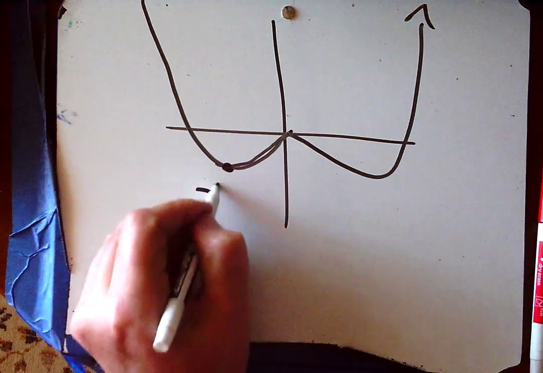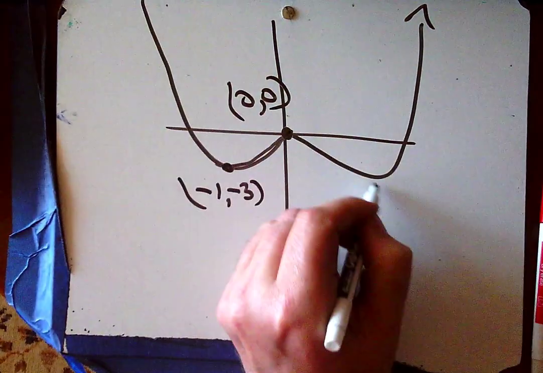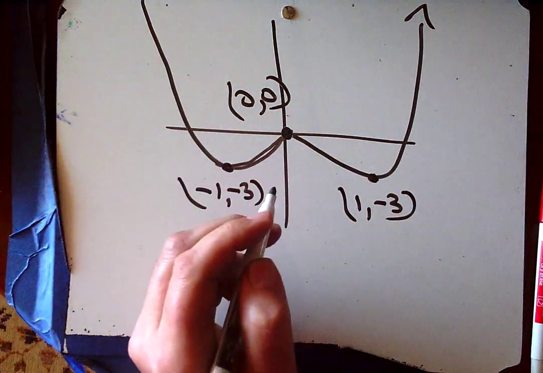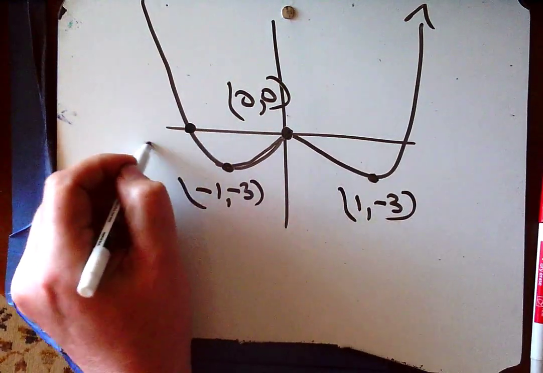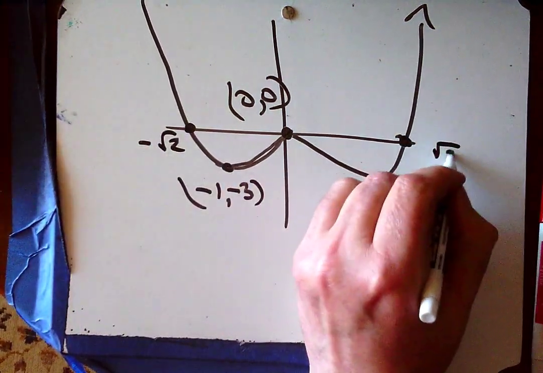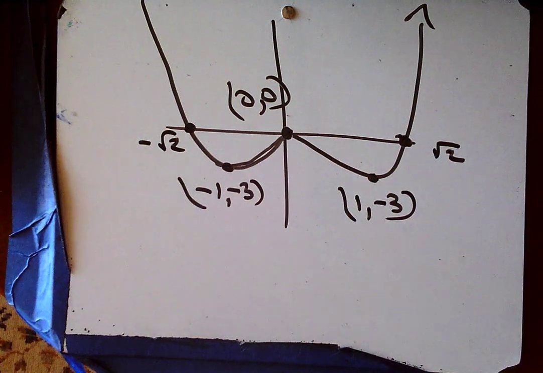Okay, so I've got -1, -3. I've got 0, 0. I've got 1, -3. This, by the way, turns out to be -√2, and this turns out to be +√2.